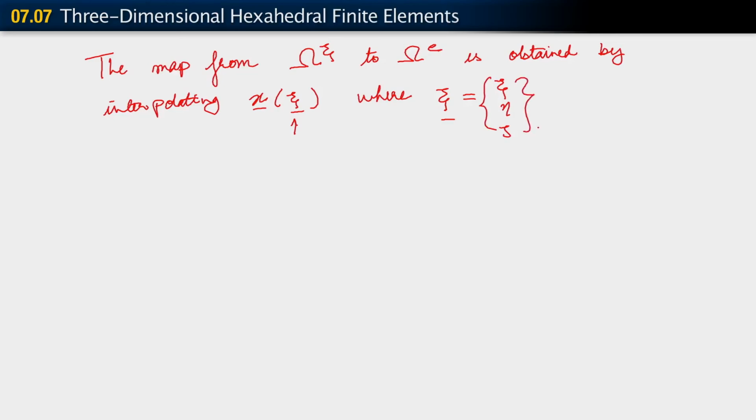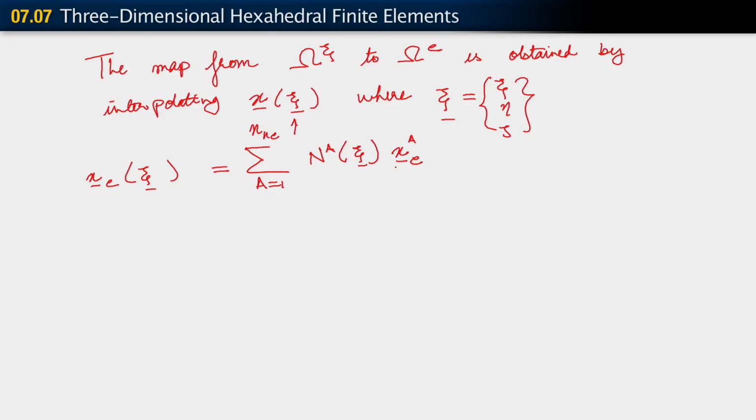We get this interpolation by simply observing that x^e parameterized by c, which is any point in the physical element subdomain, is obtained as an interpolation: sum over a equals 1 to the number of nodes in the element, N_a depending upon the coordinates in the parent subdomain, multiplied with the actual nodal coordinates in the physical subdomain, where I've used the local numbering of nodes.